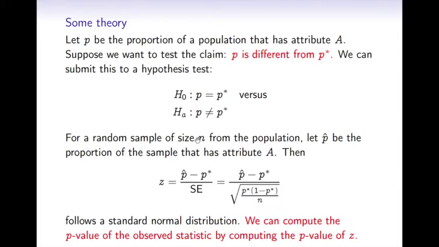For a random sample of size n from the population, let p hat be the proportion of the sample that has attribute A. So we can think of that as our evidence. What do we do with that evidence? We take the p hat and standardize it: we subtract the mean, which is going to be the null parameter p star, and we divide by the standard error of the dot plot.